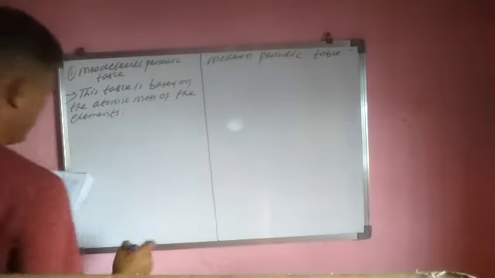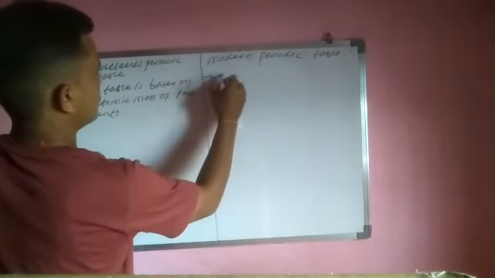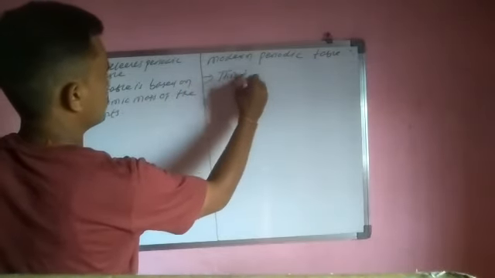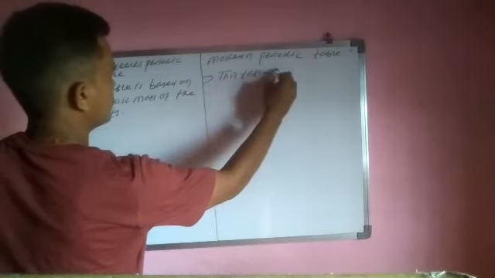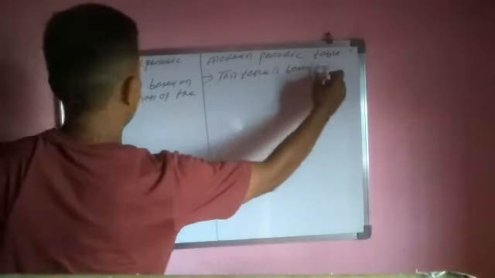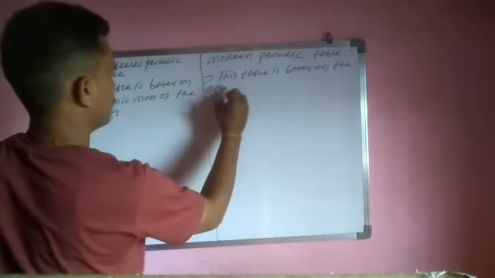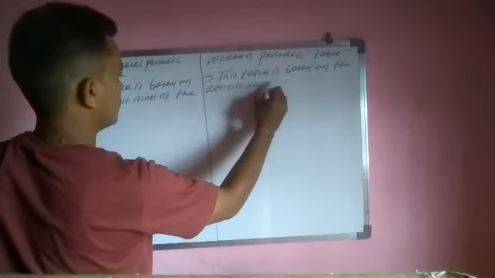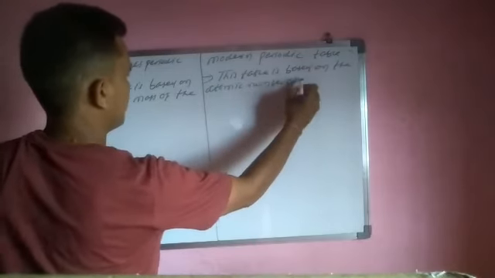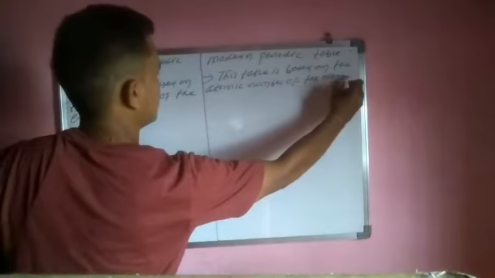Now see, this table is based on the atomic number of the elements.